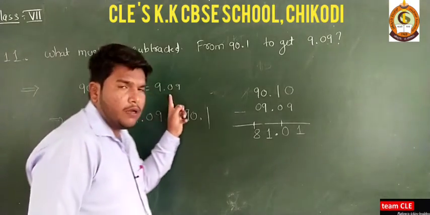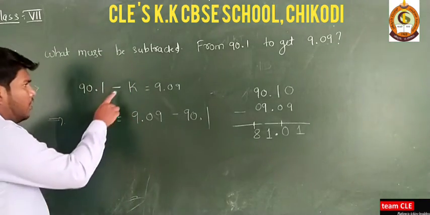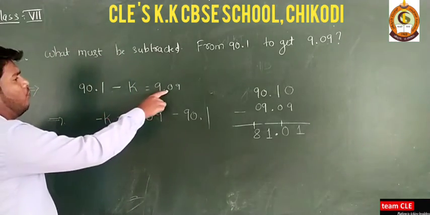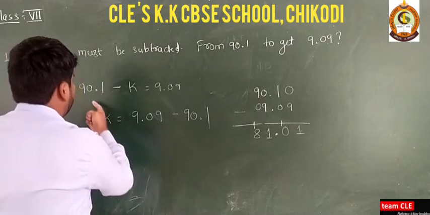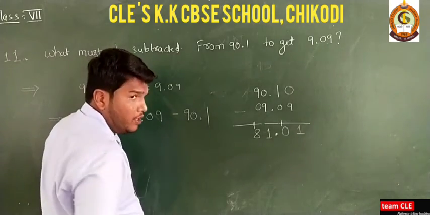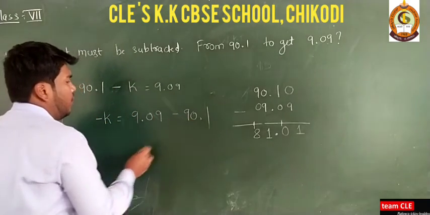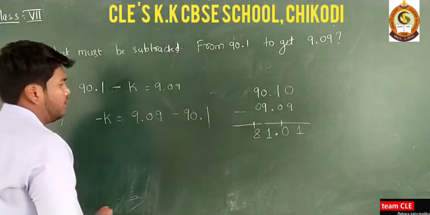Okay, so see here dear students, once again see the question. I have taken 90.1 minus k which is equal to 9.09, so this is according to the question. So minus k will stay as it is, and 9.09 I will write as it is, so this is 9.09 minus 90.1. Okay, so just do the subtraction of 90.1 minus 9.09.